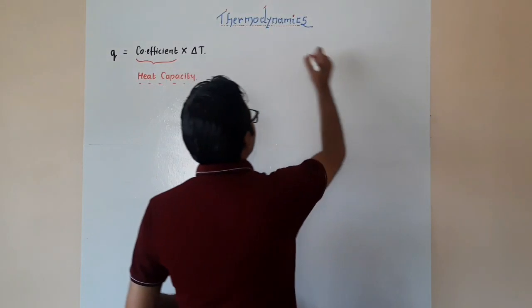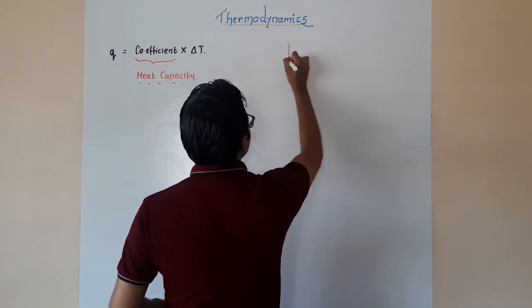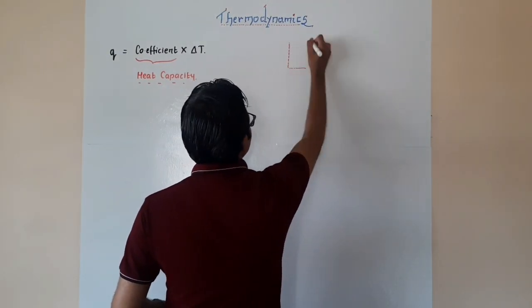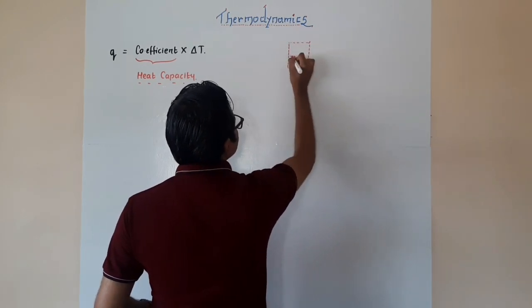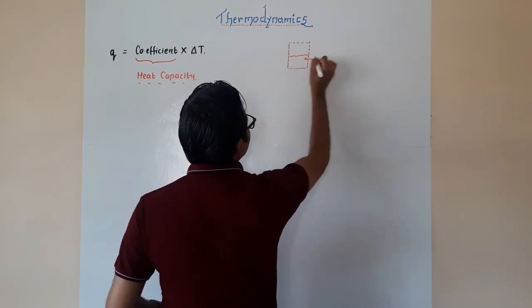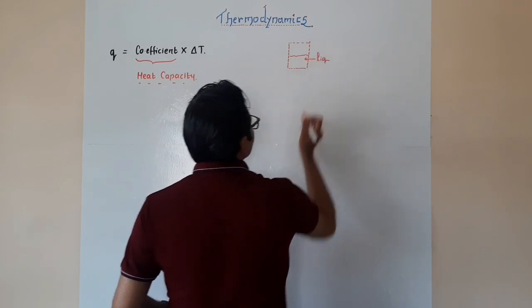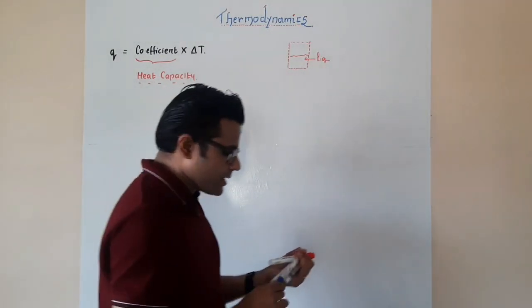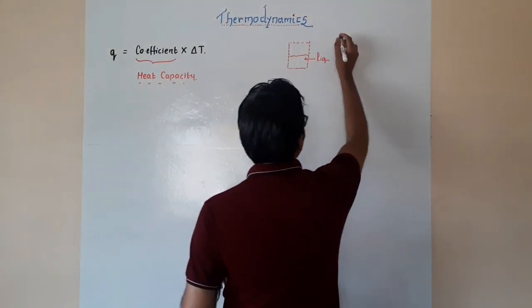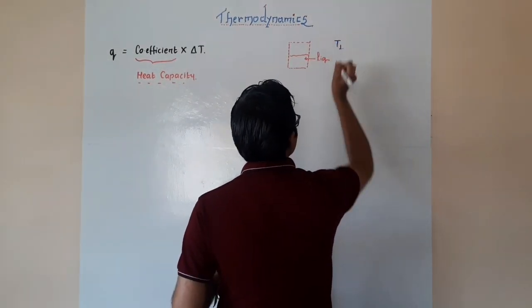Let us say that we have a particular system over here, and in this system we have taken a particular type of liquid. I'll measure its temperature first. Let us say the temperature in this condition is T1.